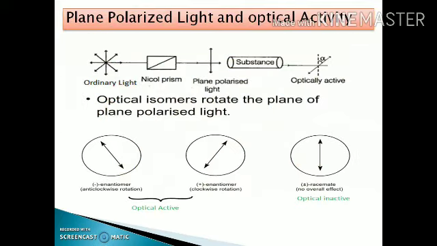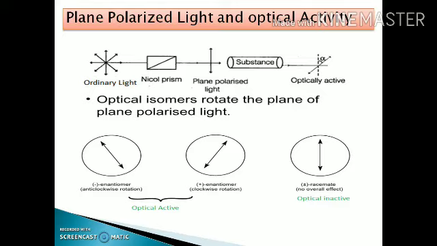Firstly, we will discuss what the optical activity of any substance or solution is. For this, take a source of monochromatic light. Monochromatic light is a source of light having only one wavelength.